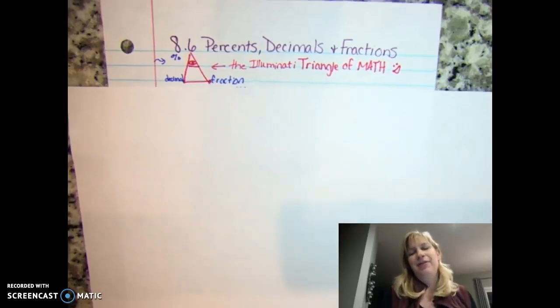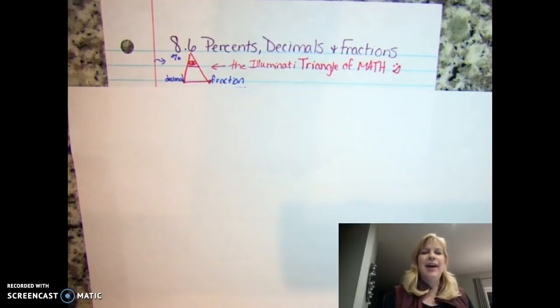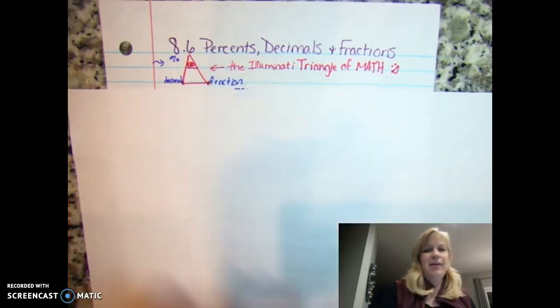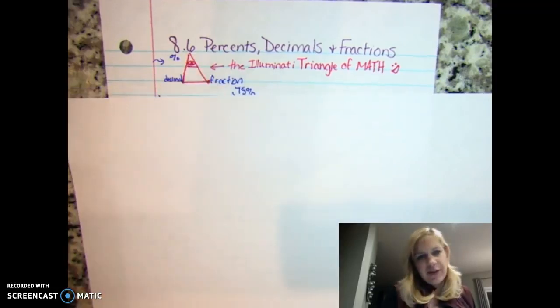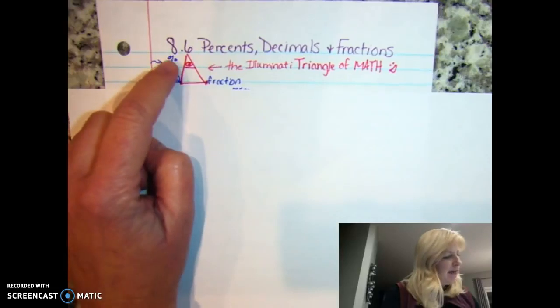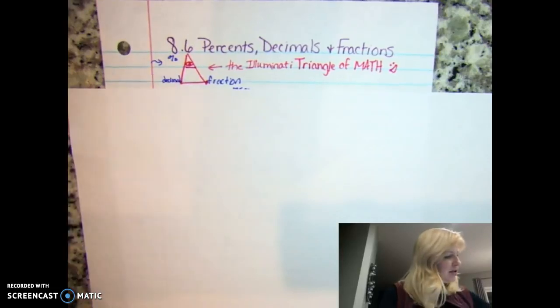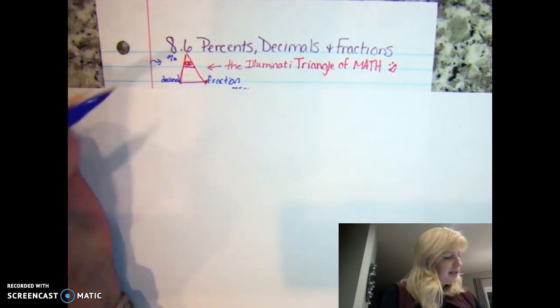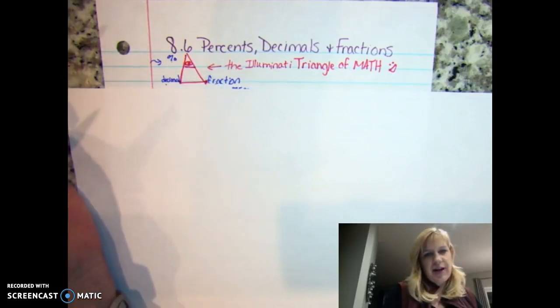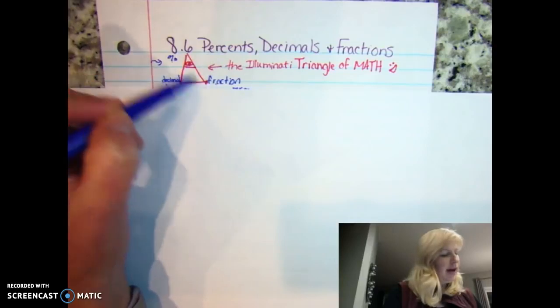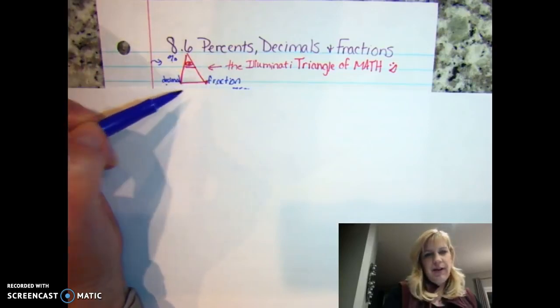That came about my first year when I had some kids that saw the triangle I put up there, and they thought that would be kind of a fun way to explain it. So I have a little eyeball right here just for kicks. I have a triangle where I have put at the top of the triangle my percentage sign, and then I put the word decimal right here and the word fraction right here to show you that they are kind of all interchangeable.